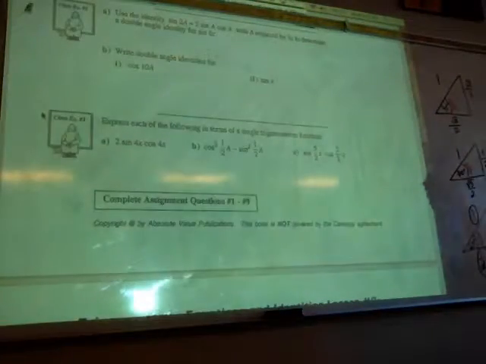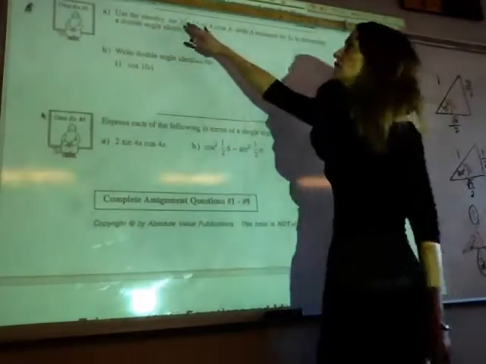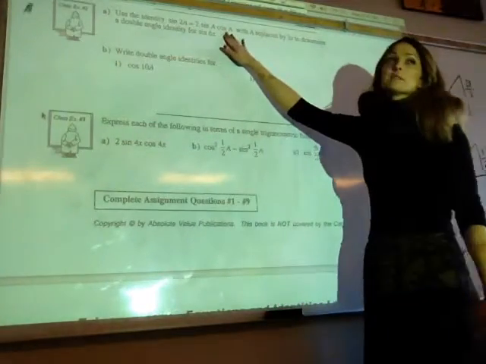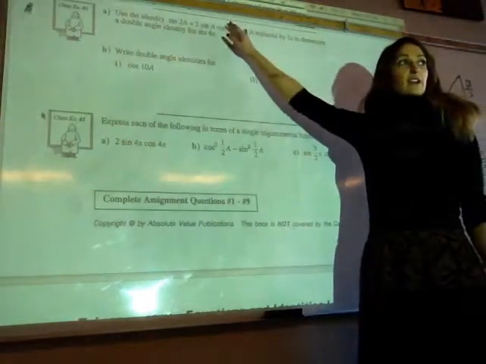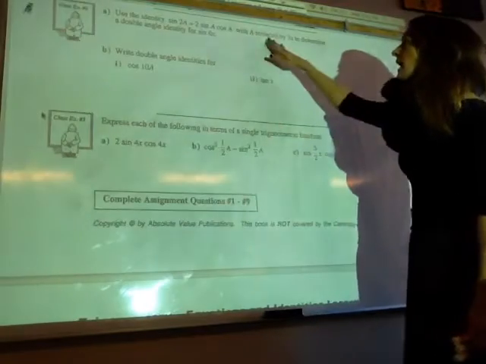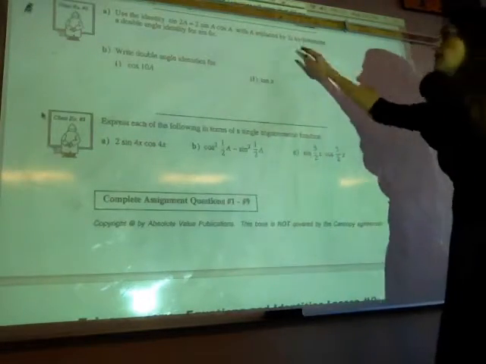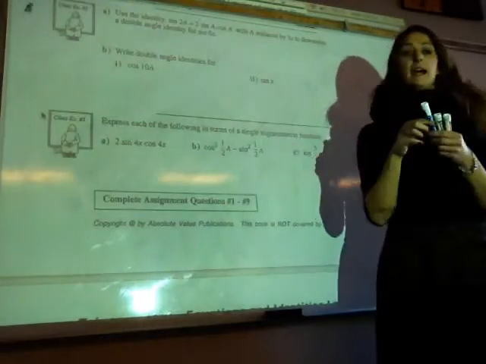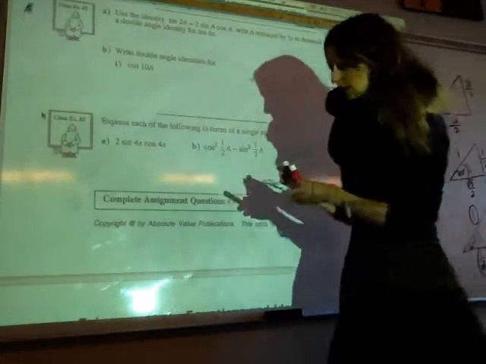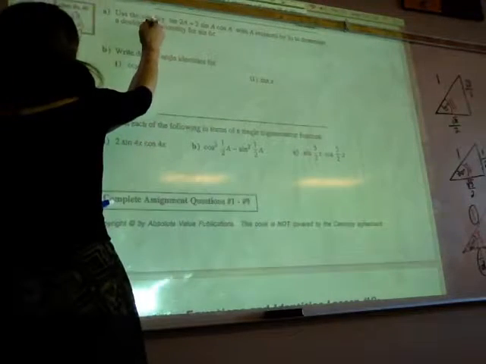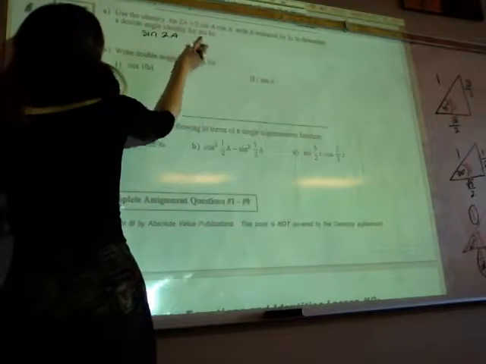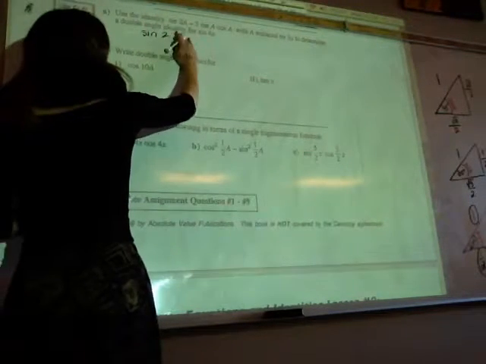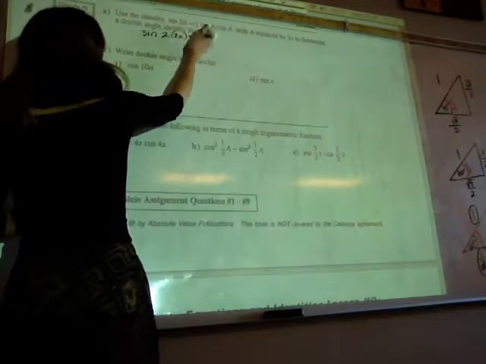Okay, so we're going to use the identity that sine 2a is equal to 2 sine a cos a. That's the double angle identity for sine. And we're going to replace a with 3x to determine the double angle identity for sine 6x. So let's just start with sine 2a. A will instead be 3x.